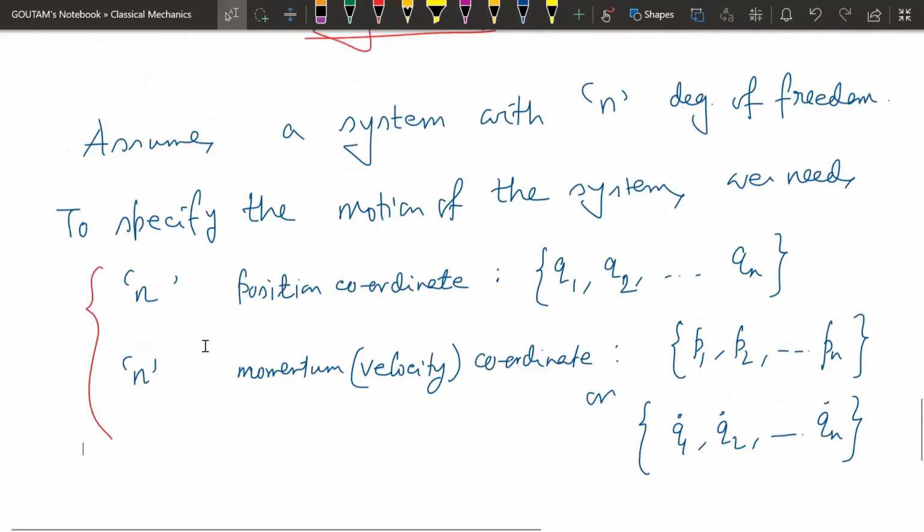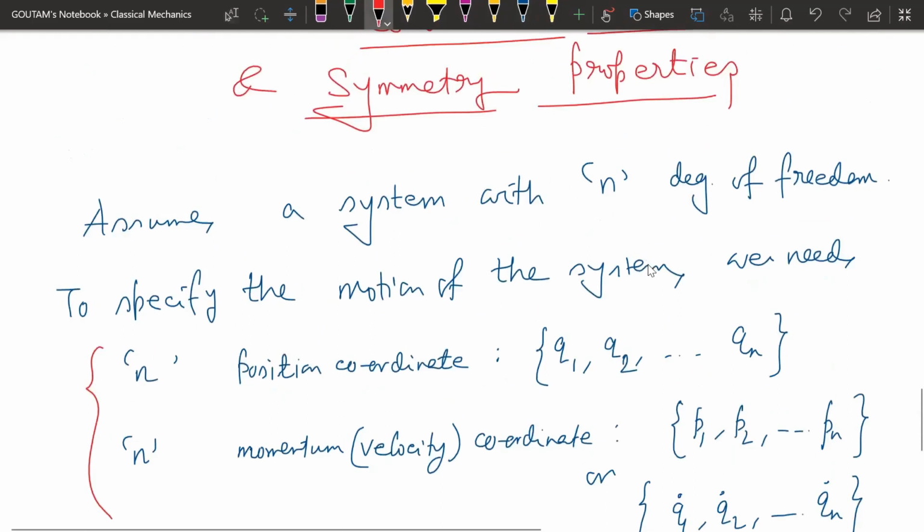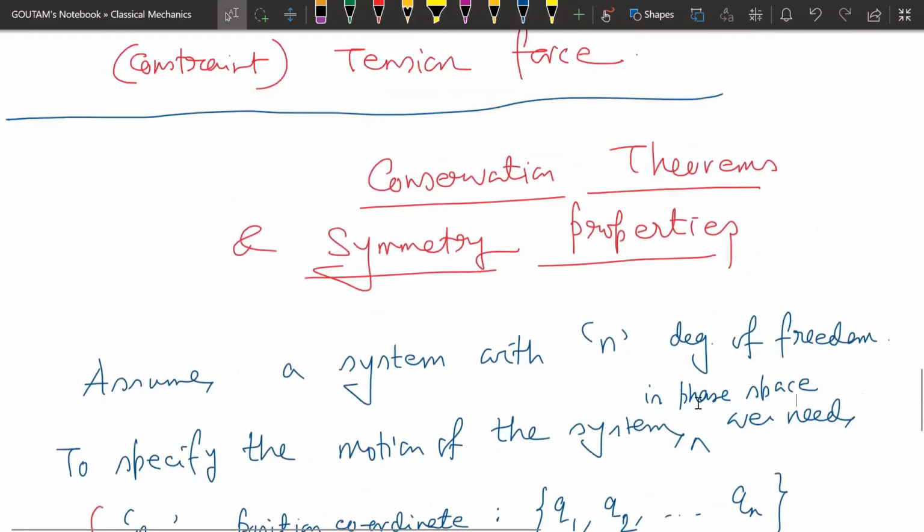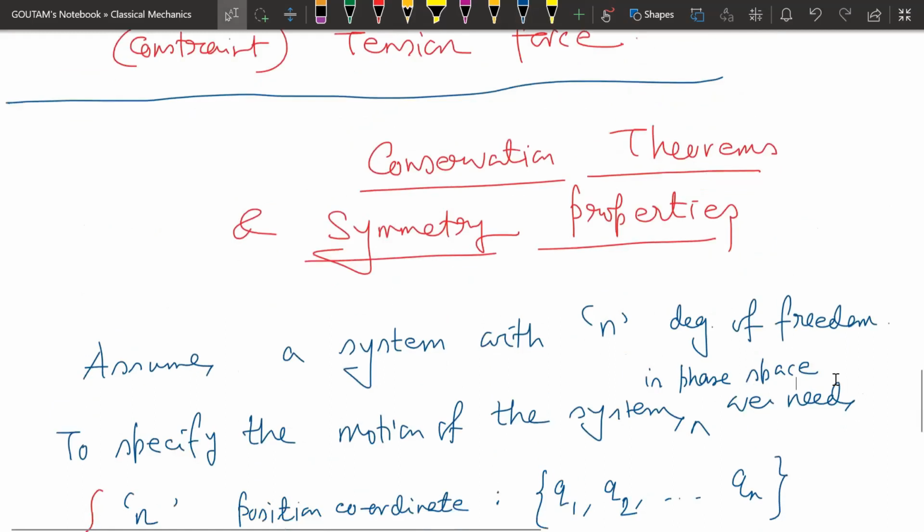So to specify the motion of the system in phase space, we need n position coordinates and n velocity coordinates, right? The phase space is basically a space spanned by the position coordinates and the velocity coordinates.